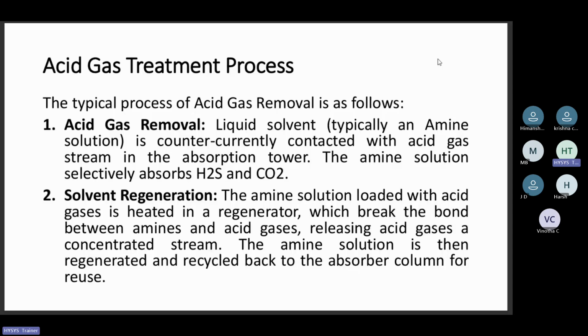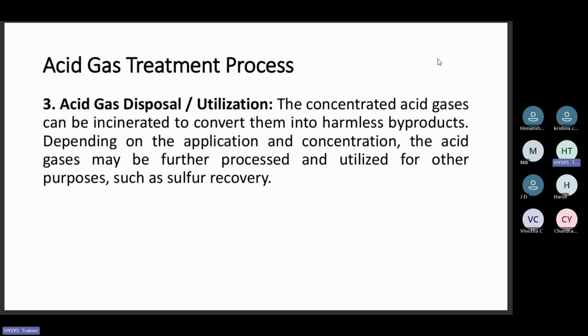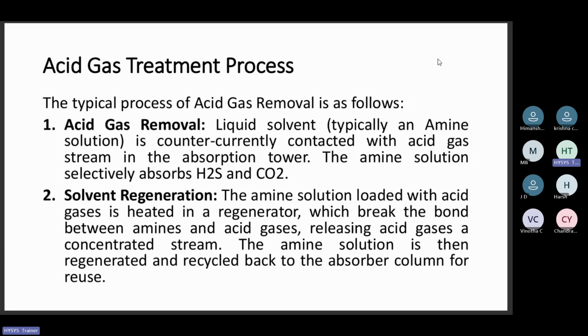So what does this process exactly involve? It involves three stages. First one is, obviously, acid gas removal, then solvent regeneration, and acid gas disposal or utilization. We will see these processes one by one. A typical acid gas removal process consists of three steps. First one is acid gas removal.